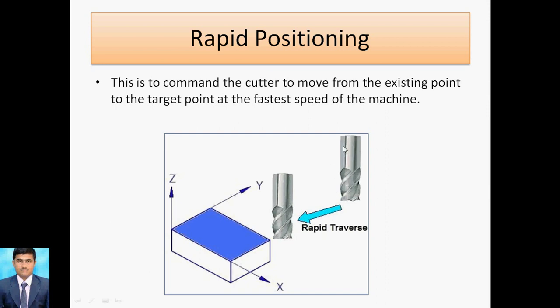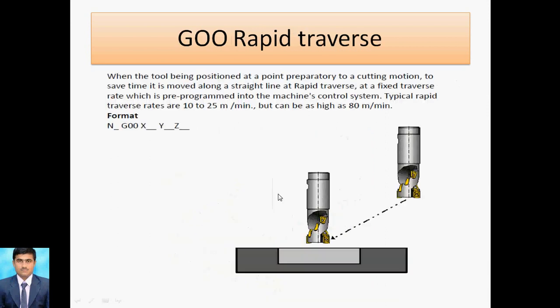This point is called the reference point, and the other is the workpiece coordinate system, where we can say x0 y0 z0. We can take the zero point over here, and this is your machine code, or reference code. This traveling path at the fastest speed is called rapid positioning.